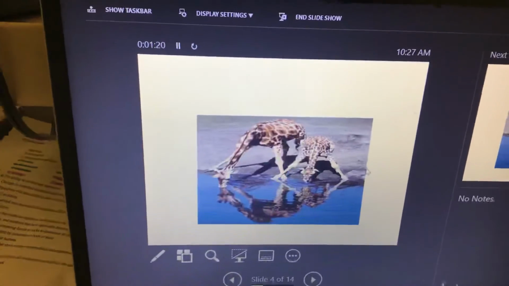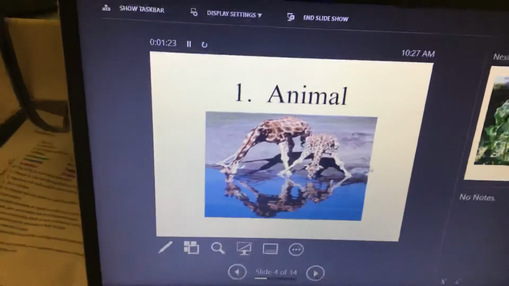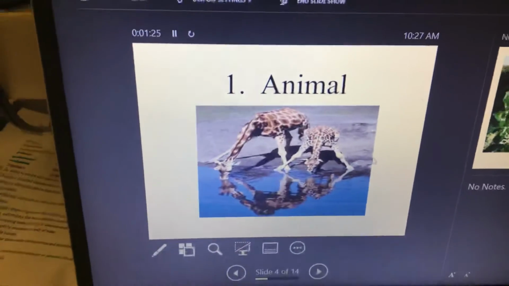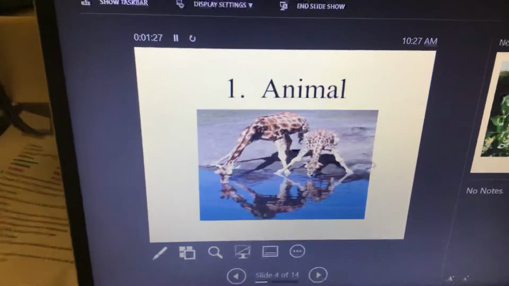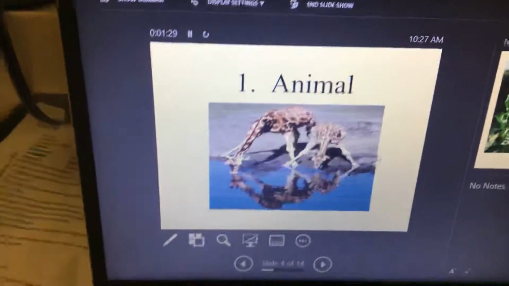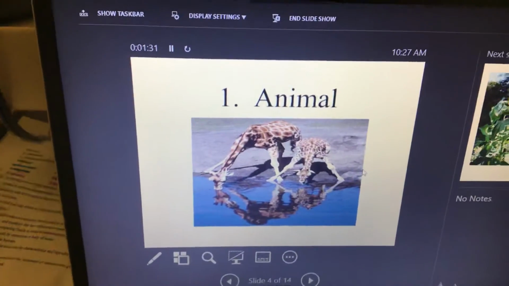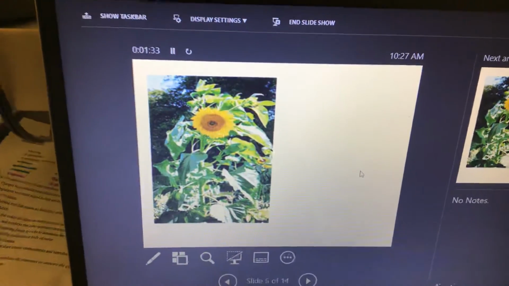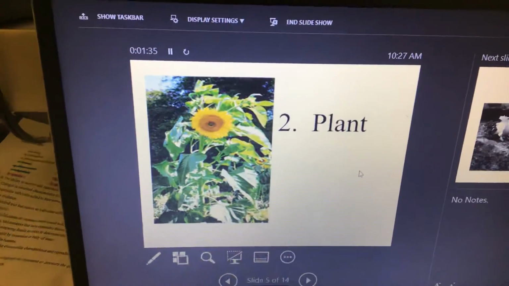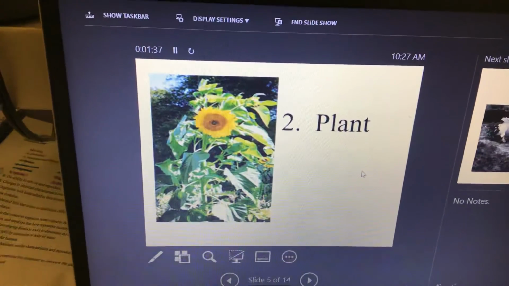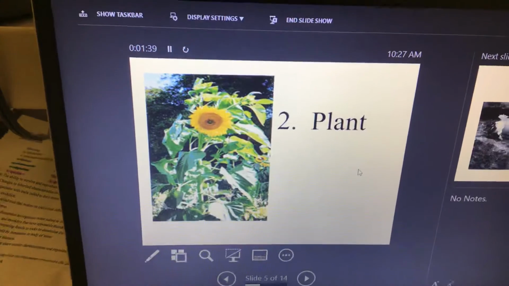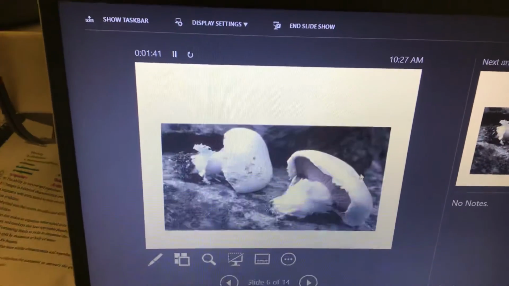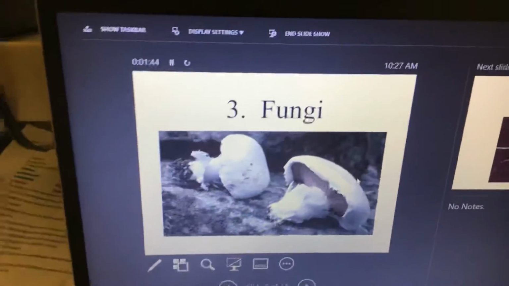And we're going to list these. The first one, animal. Now you might see it as Animalia. That's kind of the Latin form of it. But the animal kingdom. The plant kingdom, you might see that as Plantae, just the Latin form there. Fungi.